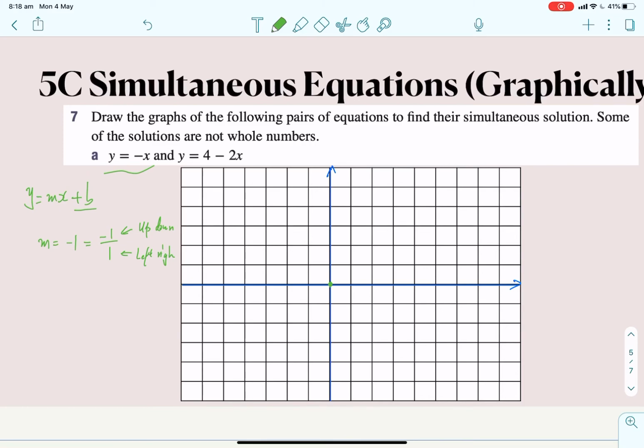Positive is right. So here's our graph. I can't really draw it too straight, I don't have a ruler, so this is the only way I can do it. So it's y equals negative x.